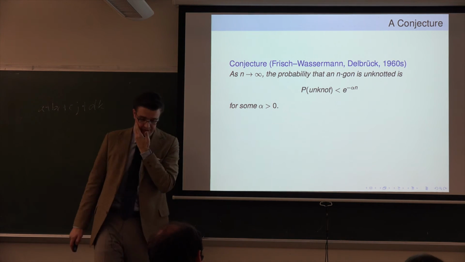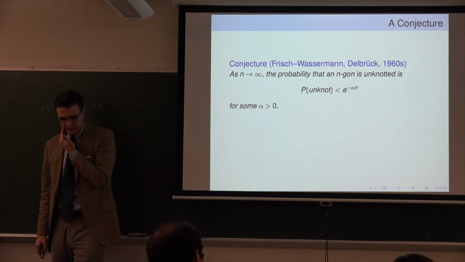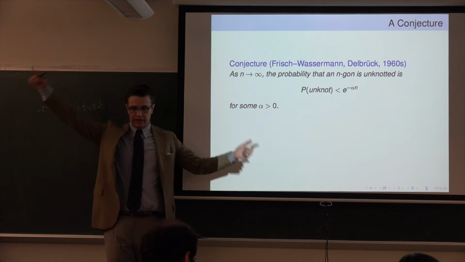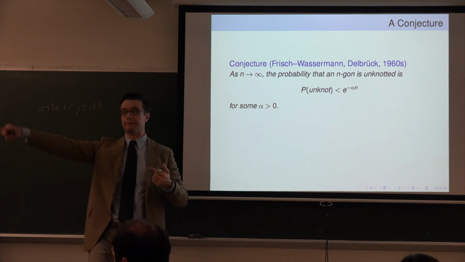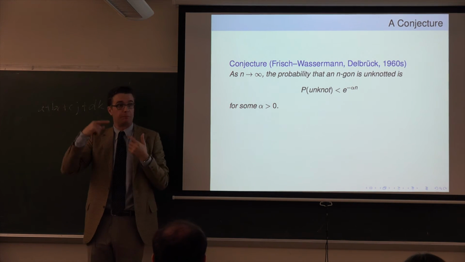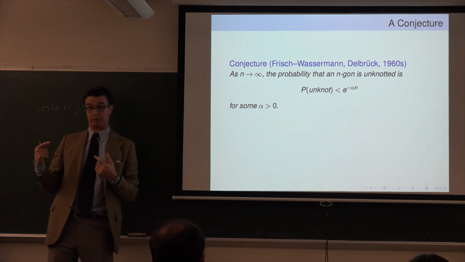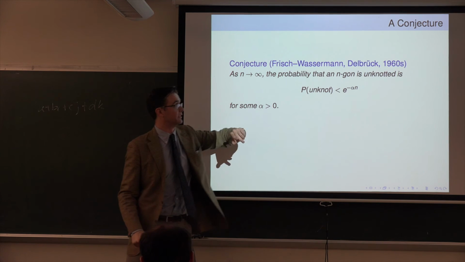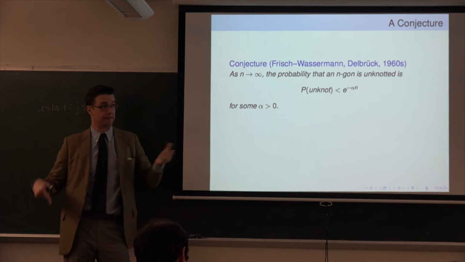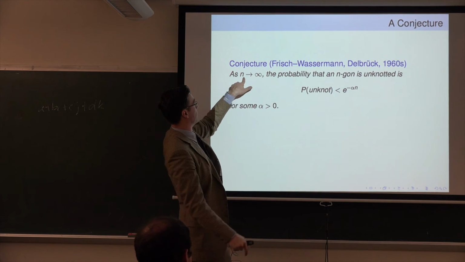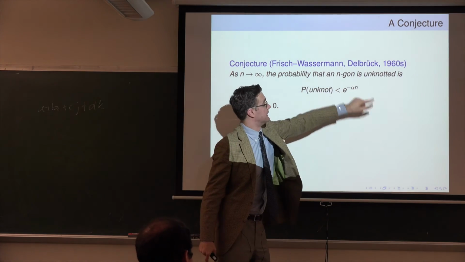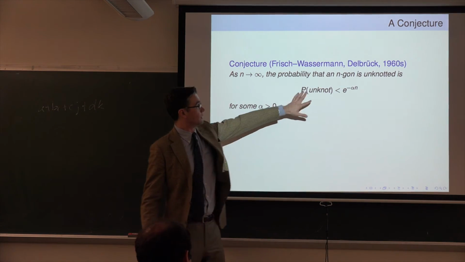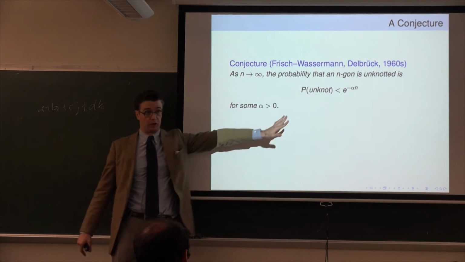Now, of course, there's this general idea that if you have a closed random walk with many, many edges, it should be knotted with extremely high probability. This was first conjectured, not quite in this form; they just said that the knot probability should go to 1 as n goes to infinity. But if you have lots and lots of edges, the probability that an n-gon is unknotted should actually be exponentially small.